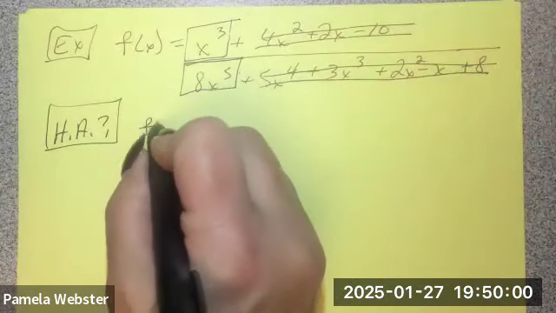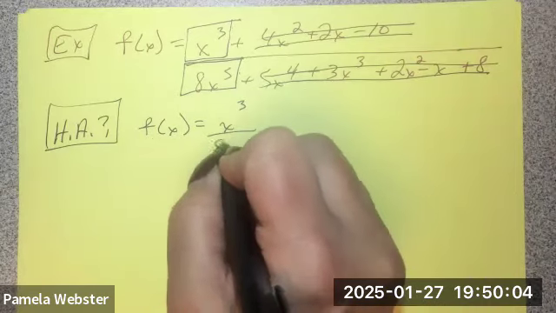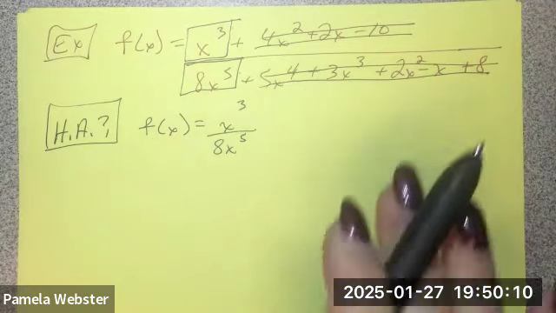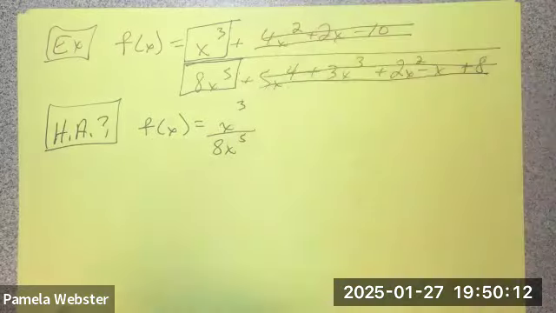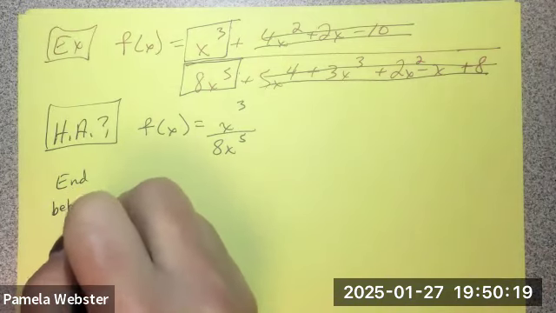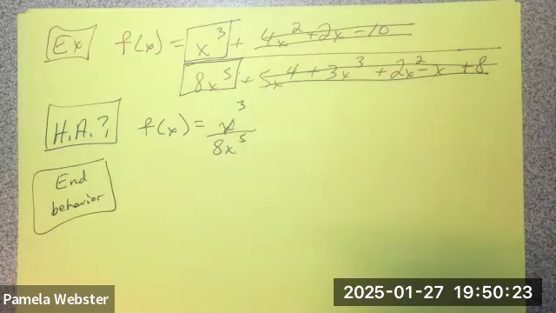And so what we've got is f of x equals x to the third over 8x to the fifth. Those are the 2 guys that are fighting here, right? The other guys, they make it bounce around more, but they're not important. When we're looking at end behavior, E-N-D, behavior, these 2 leading terms, those are the ones that matter, right?